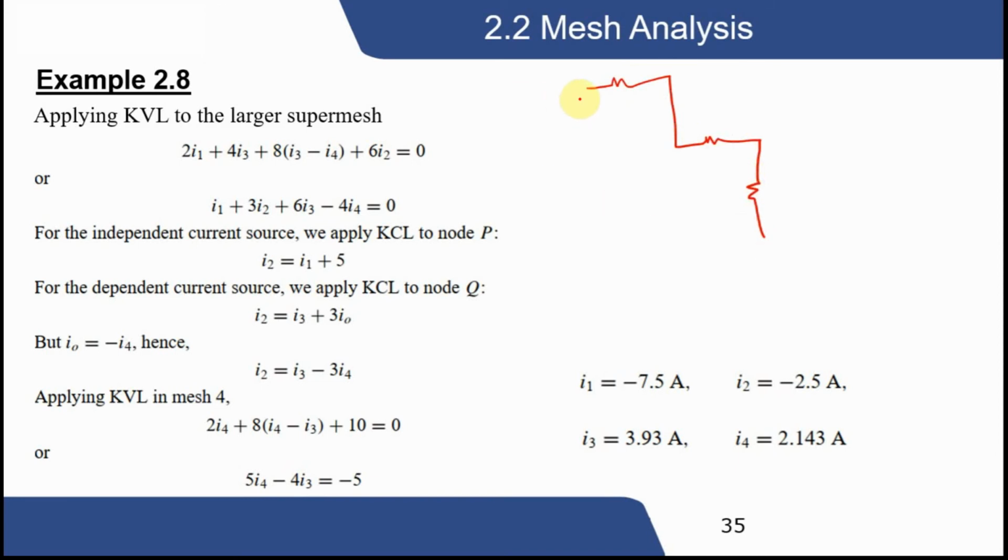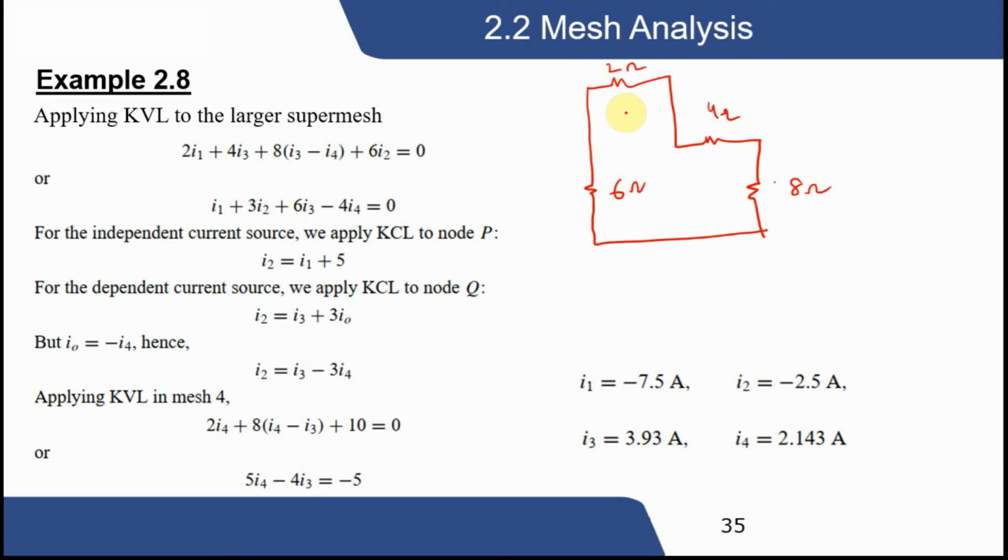Currently I am solving this side. This is 6 ohms, this is 2 ohms, this is 4 ohms, and this is 8 ohms.